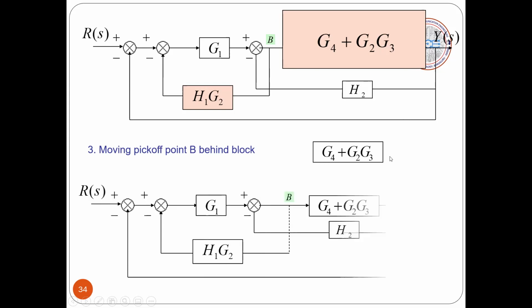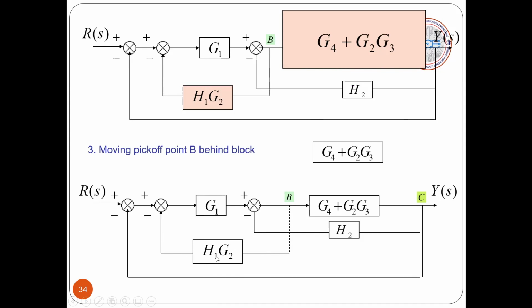So how to move? Point B which was here, I am moving to the point C. If you move, then what is actually happening? From here to here, if you take a move, you will find this block unnecessarily contributing to this feedback path.